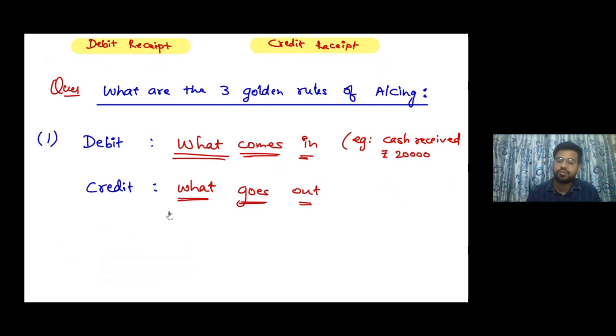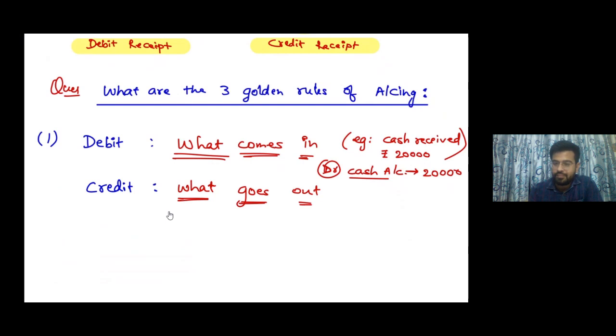In this case, I will debit my cash account by 20,000 rupees. It will be my debit account.